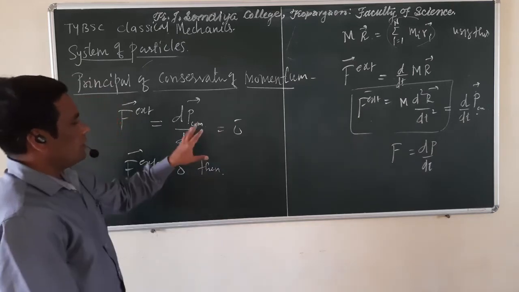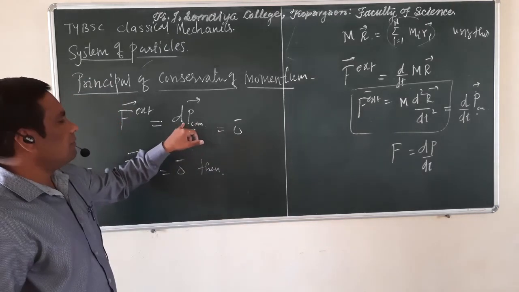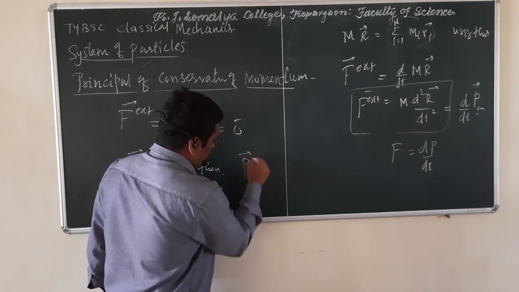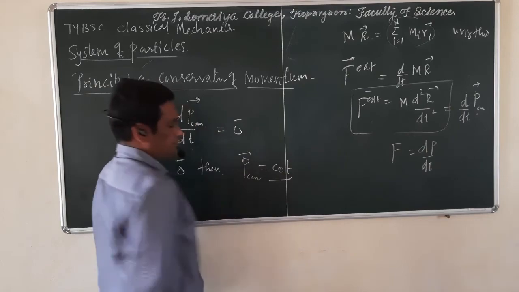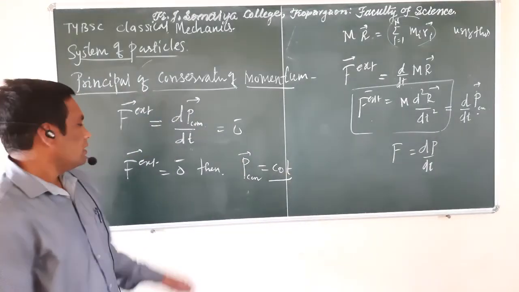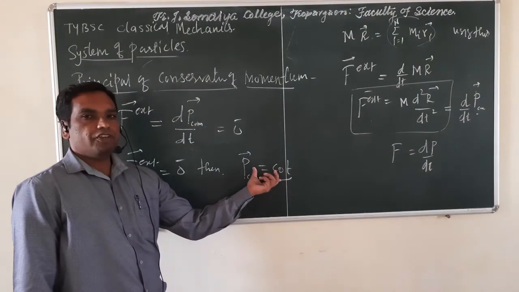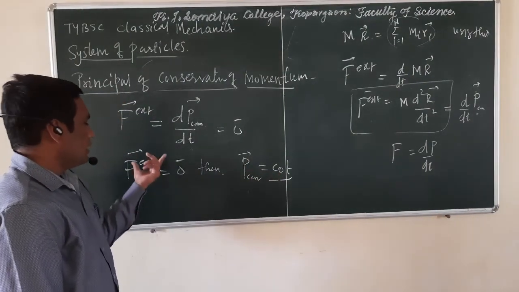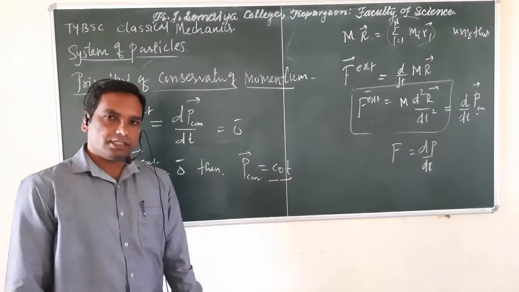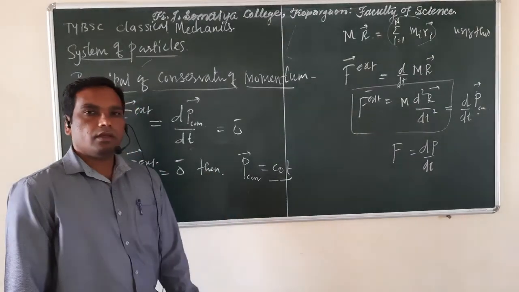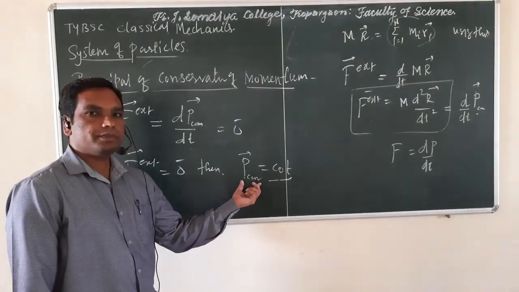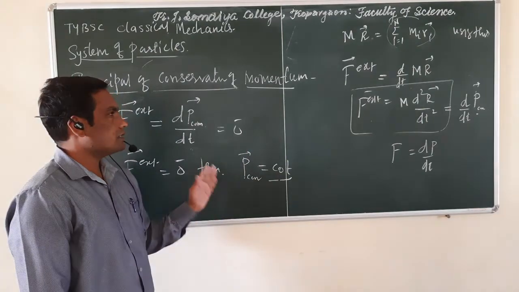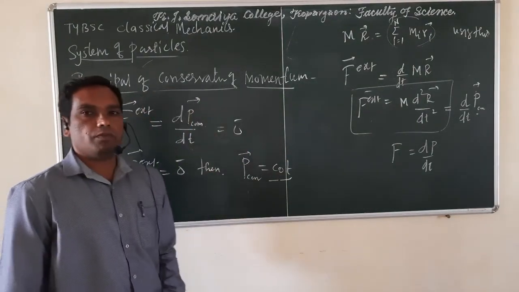Then if the derivative of P is 0, which means the linear momentum of center of mass must be constant. In other words, it remains constant, which means it is conserved. In other words, we can say if the external force acting on the whole system is 0, then the linear momentum of center of mass of the system is conserved. Okay, so this is the statement of the principle of conservation of momentum.